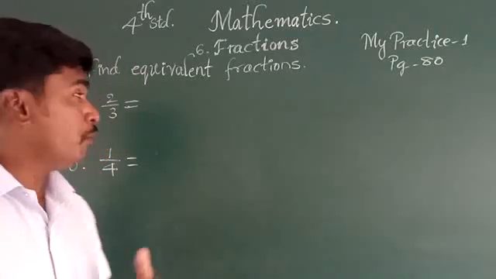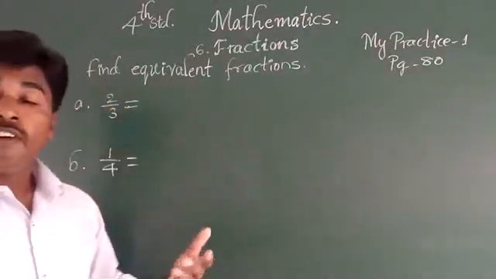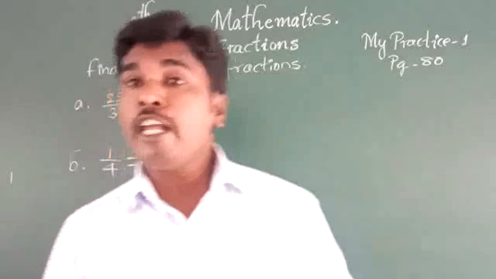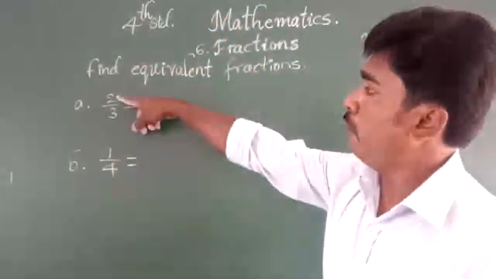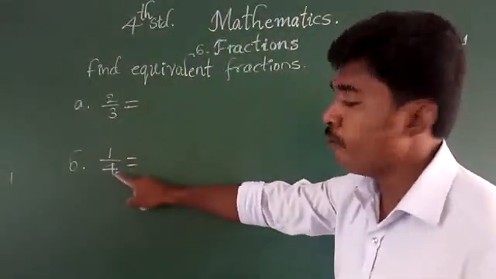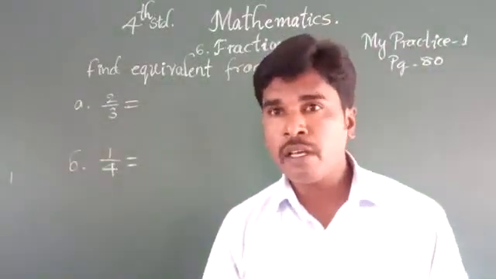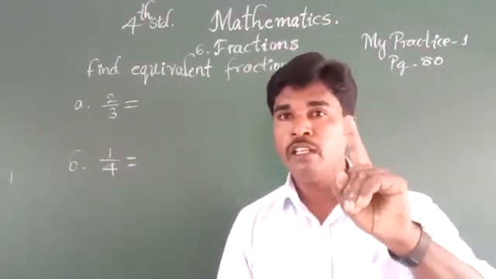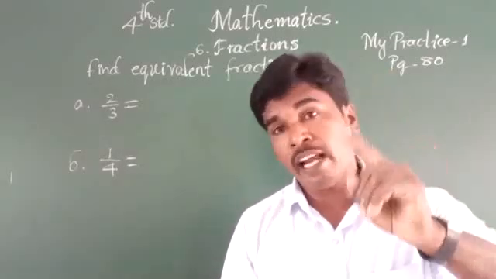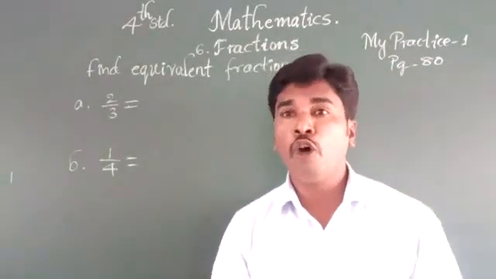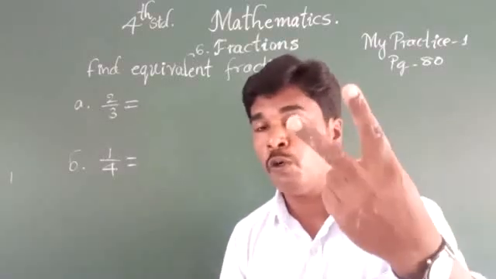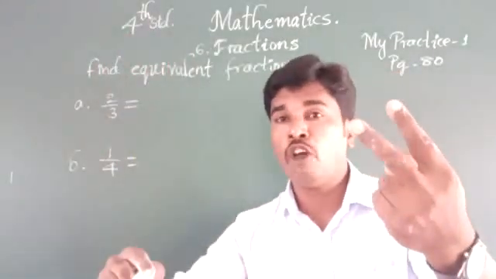Equivalent fractions are nothing but, dear students, for both numerator and denominator, you multiply with the same numbers. If you multiply with 1, you multiply to numerator as well as to the denominator. If you multiply with 2, multiply to numerator and denominator.